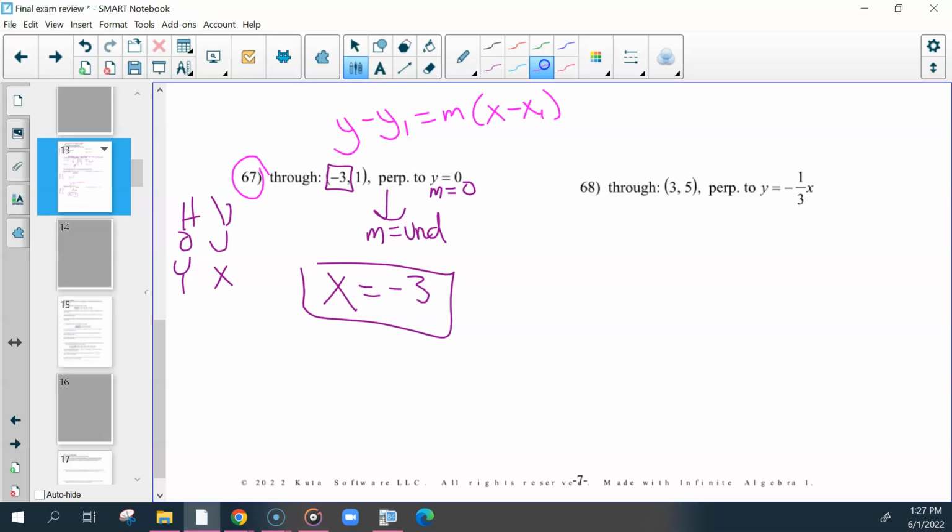It just won't work out. We can't multiply it out. Do we have any questions on 67? Or other questions we want to go over on this page?